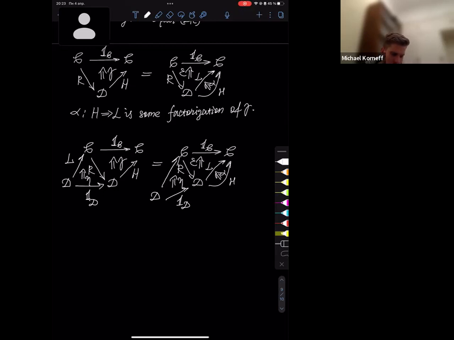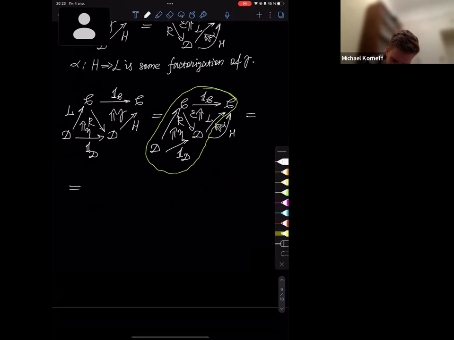And now we can use the second triangle identity to reduce this diagram, this quadrilateral.